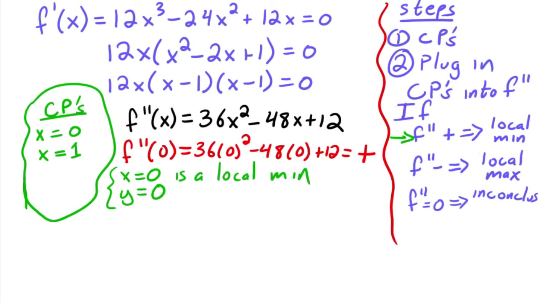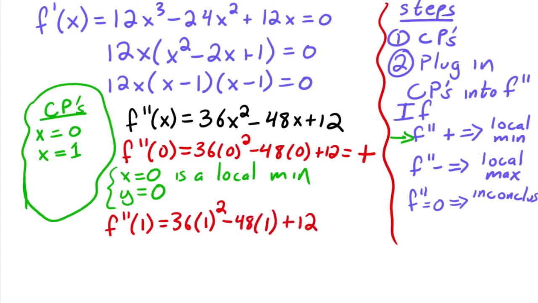Okay, and then if I plug in 1, so f double prime at 1 is 36 times 1 squared minus 48 times 1 plus 12. And 36 minus 48, that's negative 12 plus 12. Uh-oh, 0. Bummer.